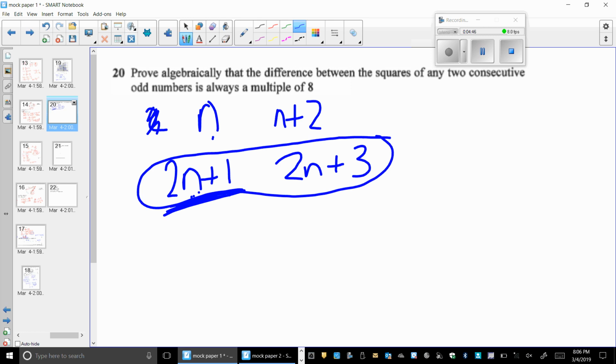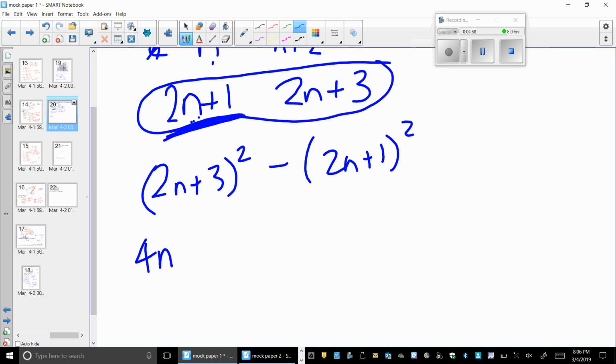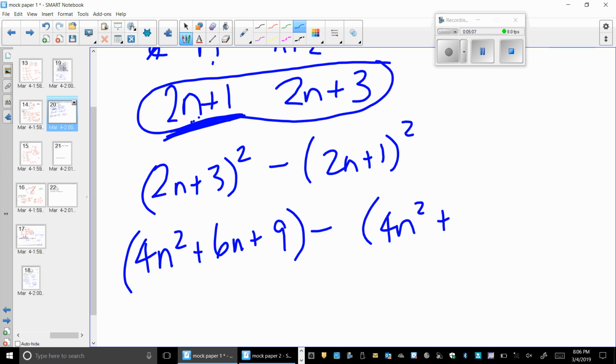So the difference between the squares of those, we would have (2n plus 3) squared subtract (2n plus 1) squared. So we're going to FOIL this. Perhaps I should have written out my 2 brackets to help you.